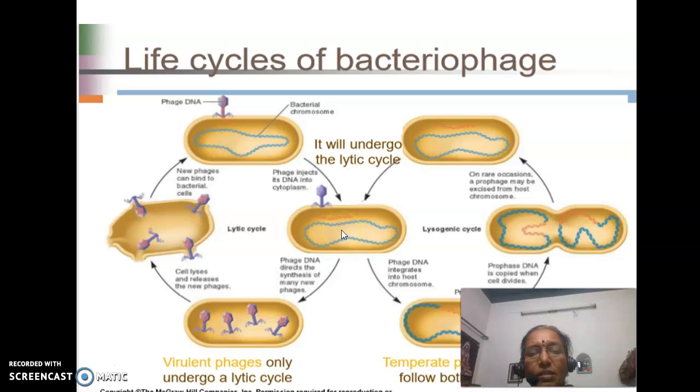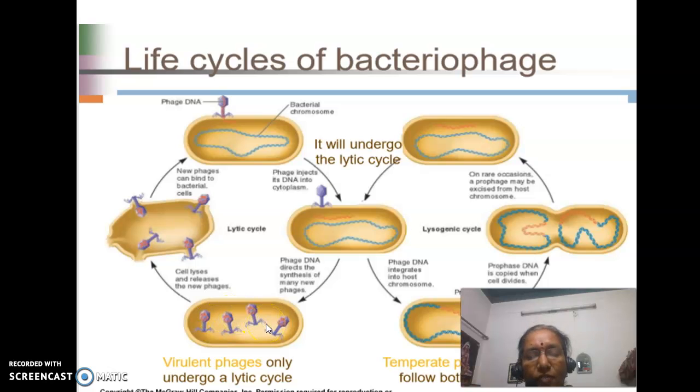During this process, only the viral DNA is allowed to replicate, and the host genome or host DNA, which in this diagram you are finding as a blue colored line, is hydrolyzed. It's cut into small pieces. Only the virus is able to replicate, and that results in a number of phage particles or virions.